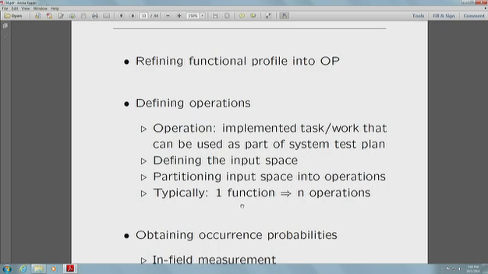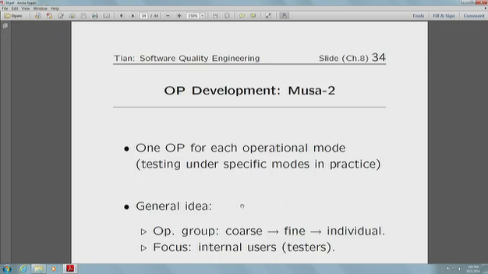So that's why you can, again, use the functional profile as a weight in your operational profile. That's the same kind of procedure you follow from the customer profile to the user profile. So that's the basic steps in the Musa operational profile development, the first procedure.